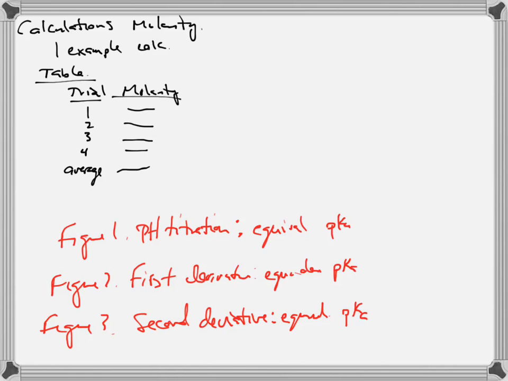So at this point, we'll have all the graphs, you'll have your calculations for your molarity, and everything will look nice and neat. Then you can go through and start with the actual calculations for the report, which is getting the molecular weight, which I'm now going to erase all of this so I've got a little bit more space. We'll cut this in half. We'll have our equivalence point information.